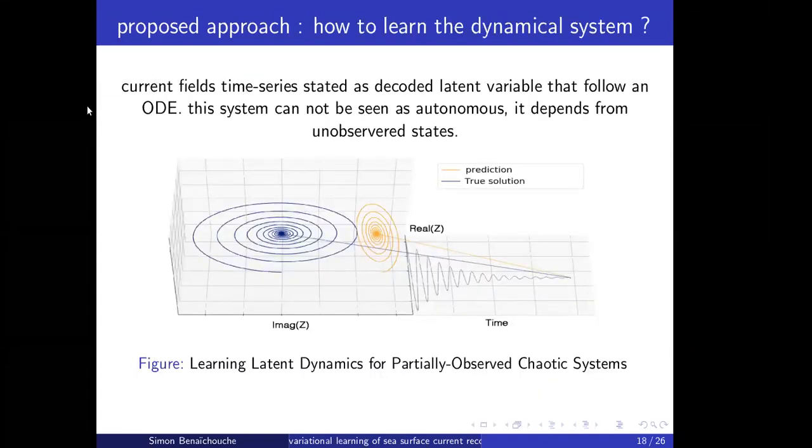For the dynamical system part, I made here a reference to an article that Said wrote.